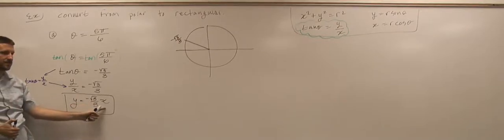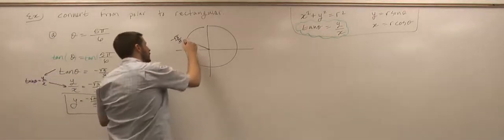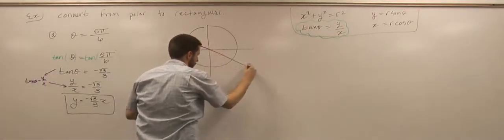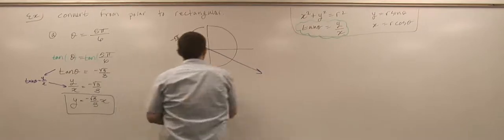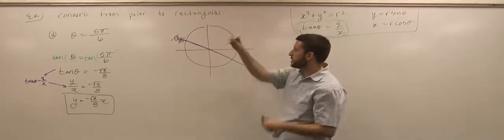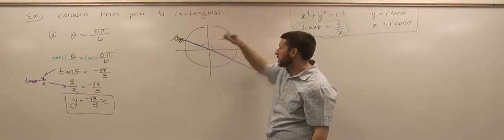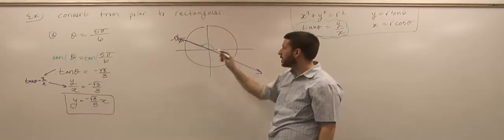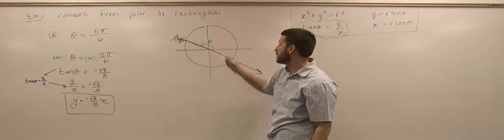What's the y-intercept? 0. So lines that go through the origin actually have a pretty simple polar form, because they can just be described by the angle that they make with the polar axis.